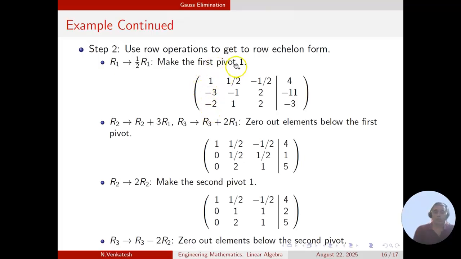To make that, we multiply row 1 by 3 and then add it to row 2. So R2 plus 3R1: minus 3 plus 3 into 1, so that this will become 0. Similarly for the third row, multiply the first row with 2 and then add it to the third row.